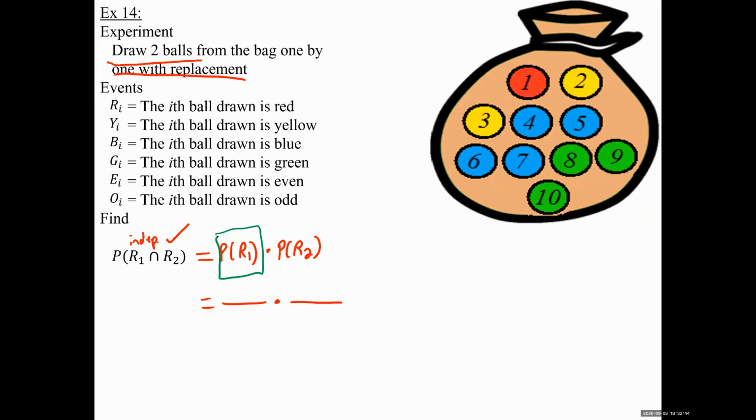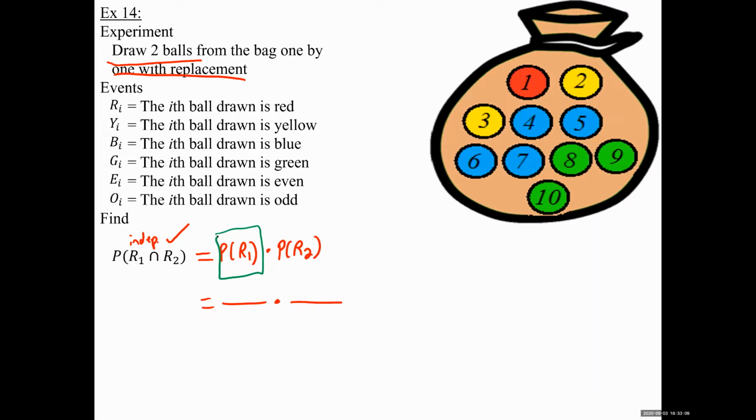We're going to draw 1 ball, look at it, put it back, mix the balls up, and then draw another one. So it's this whole procedure you have to do before you're done drawing 2 balls. But when it says probability R1, I want you to imagine we're about to draw the first ball. We haven't drawn it yet. You're at the point in the procedure where you're about to draw the first ball. We haven't drawn anything yet.